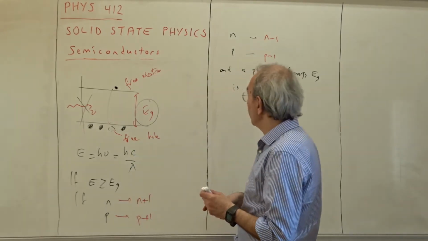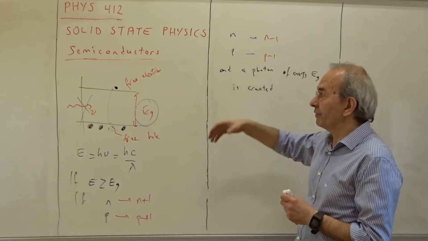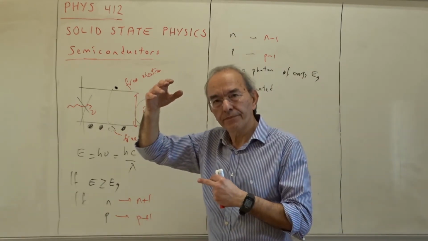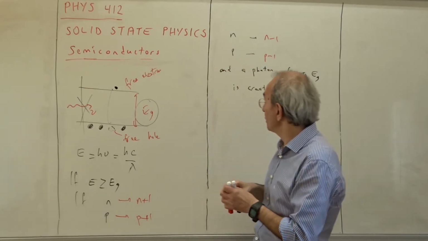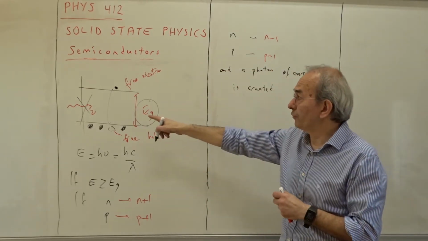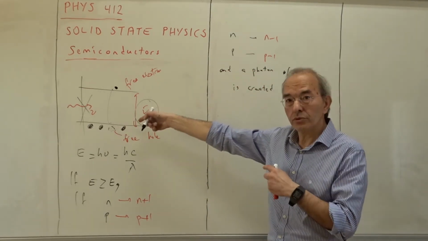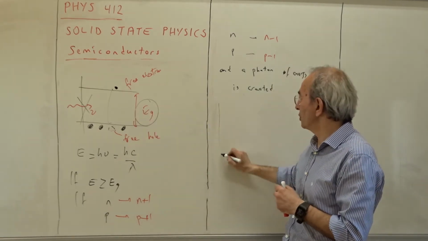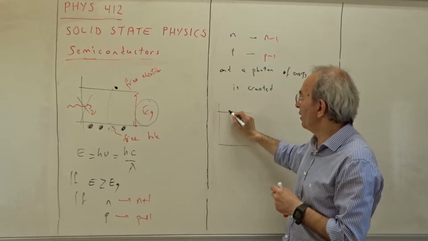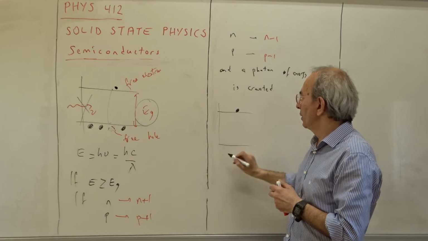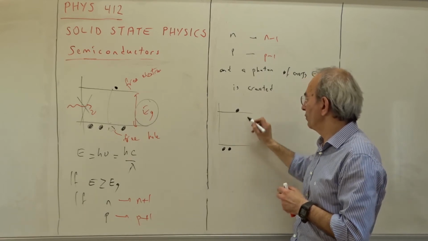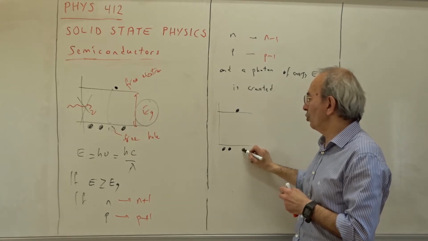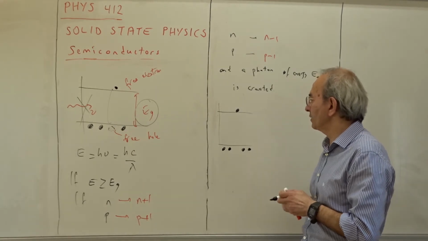Or oppositely, you initially have those carriers, but if they annihilate each other, what is the annihilation? Now, this is the first process. The opposite process is, let's say, there's only one free electron, but these are the valence electrons.